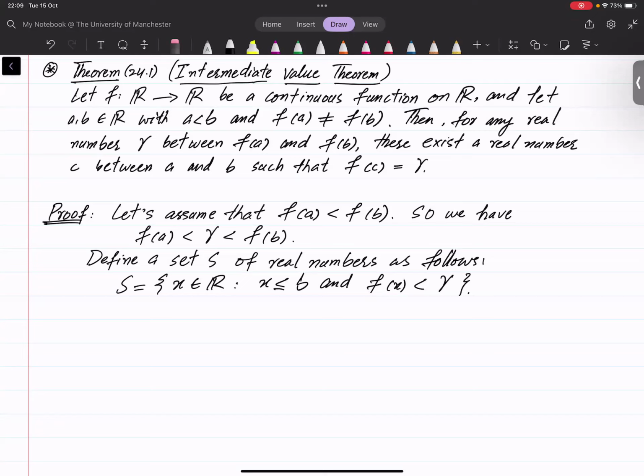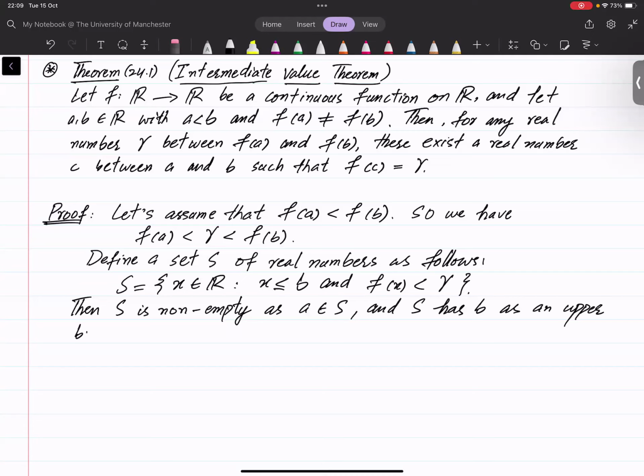Surely S is non-empty, as a is in S, and S has b as an upper bound.